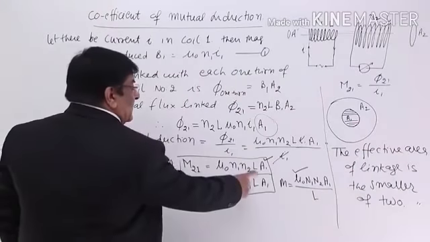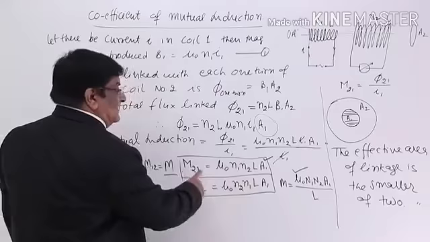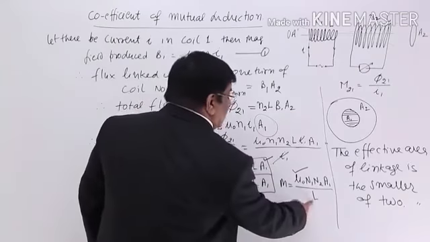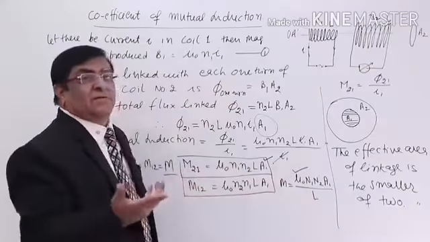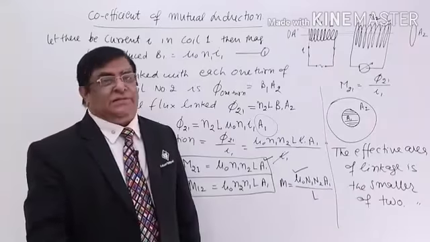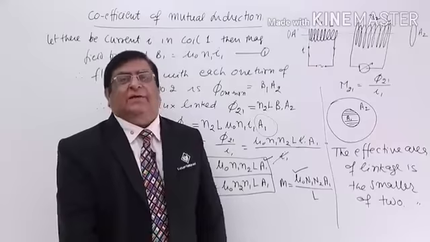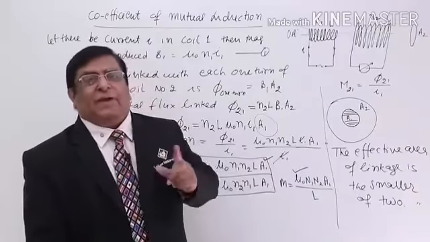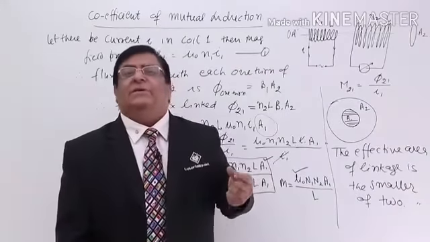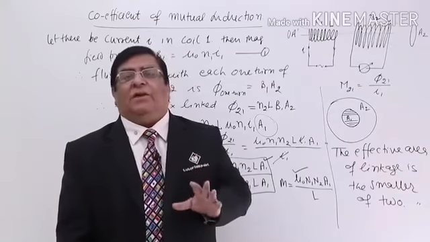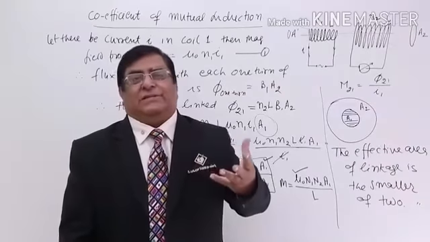In this, if length is increasing, M is increasing. In this, if length is increasing, M is decreasing. Then what is our answer? So remember, in physics, whenever you are seeing the relation between two quantities, make sure that all the other quantities are constant. Then only you can declare your result.